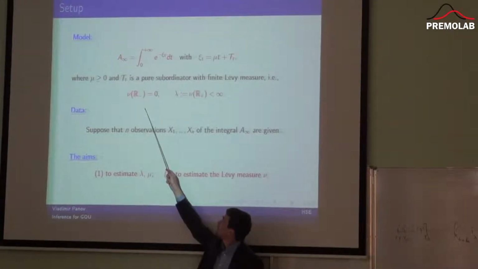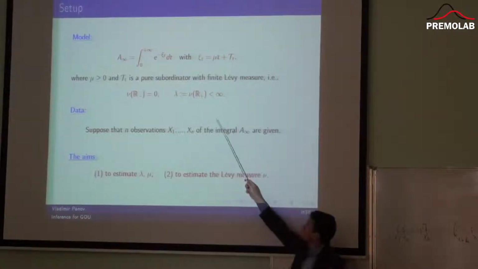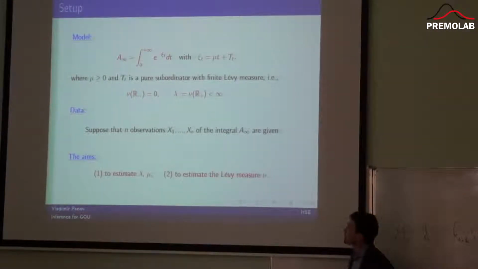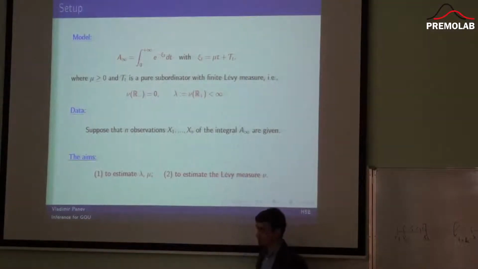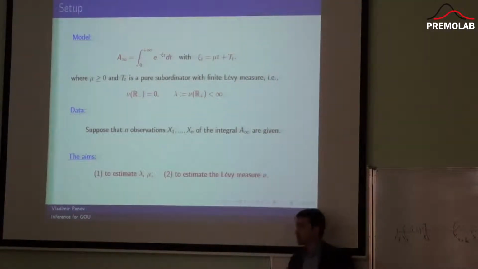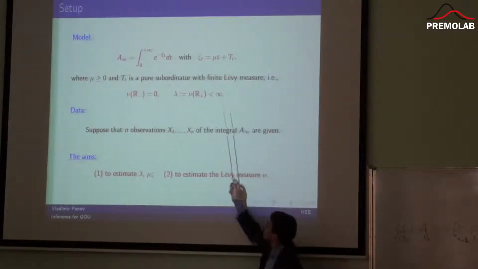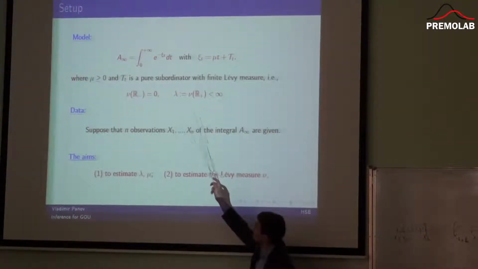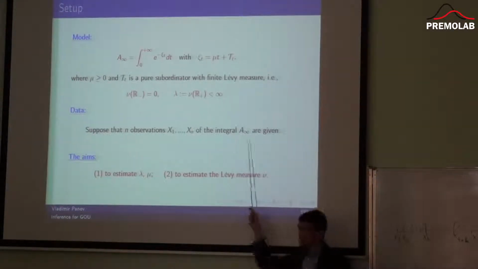It is 0 on the negative half line, and it is finite on the positive half line. So we suppose that we are given some observations of this exponential functional, and we aim to estimate the parameters lambda and mu, and to recover the complete Levy measure nu from the observations of the functional.